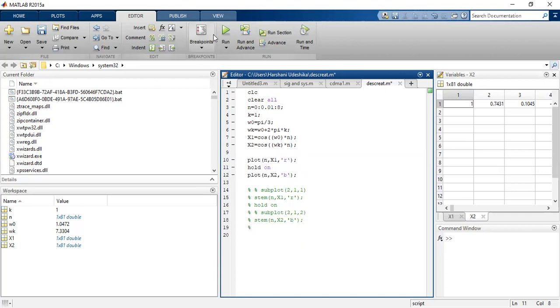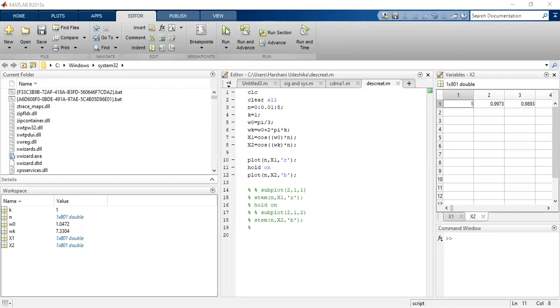I'm going to plot the continuous signal. You can see that when this n is an integer value, 0 to 8, note that the blue and red curves are in one place.